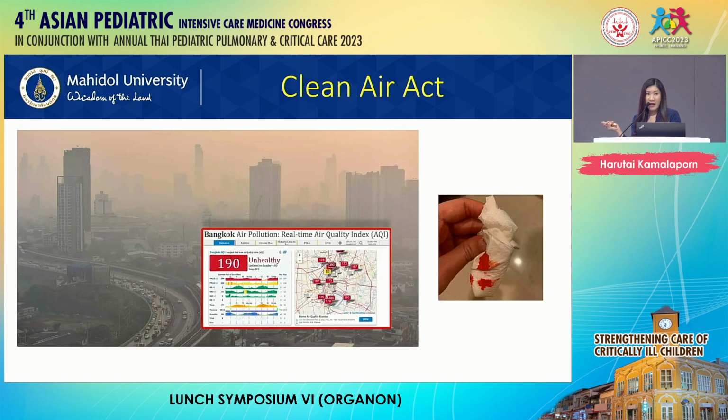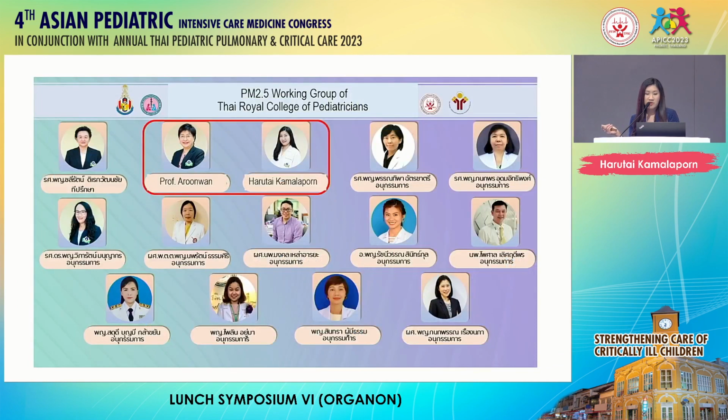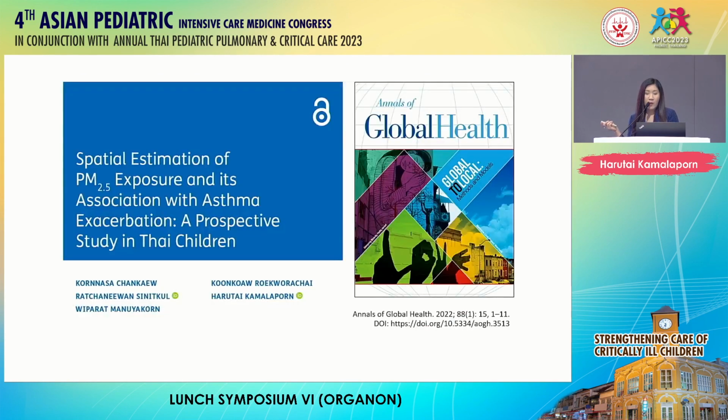With the Clean Air Act that I mentioned before about the PM 2.5 problem in Thailand, right now it can cause very serious allergic rhinitis and epistaxis, as shown in the picture. In Thailand we have the PM 2.5 working group led by Professor Arunvan Pritipan at the Royal College of Pediatricians of Thailand to try to raise awareness.